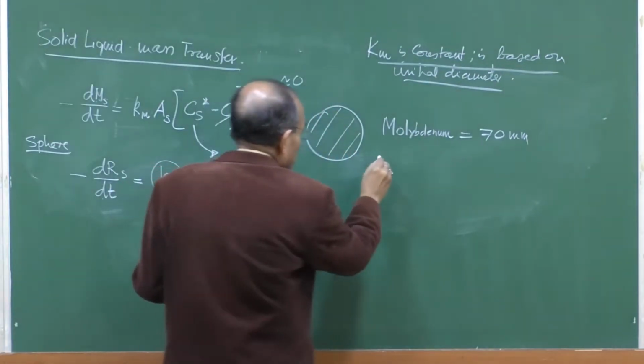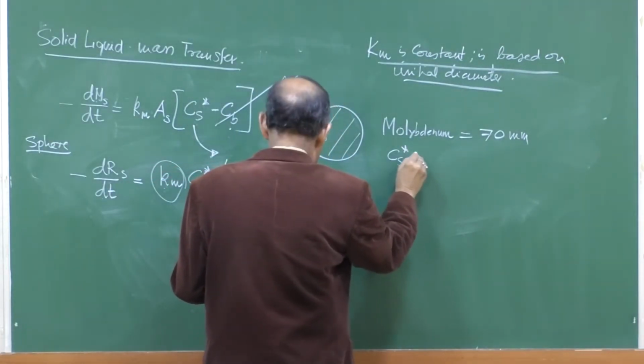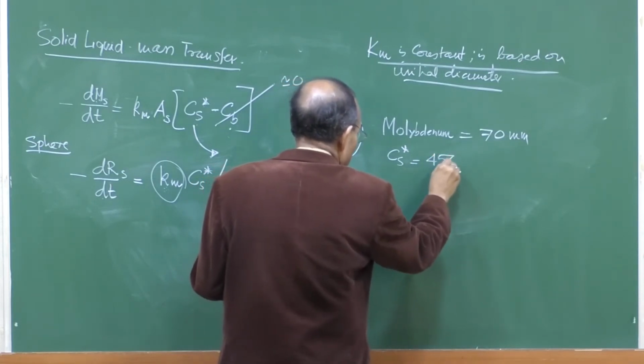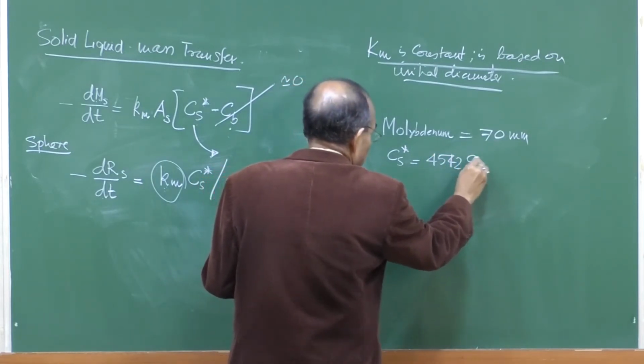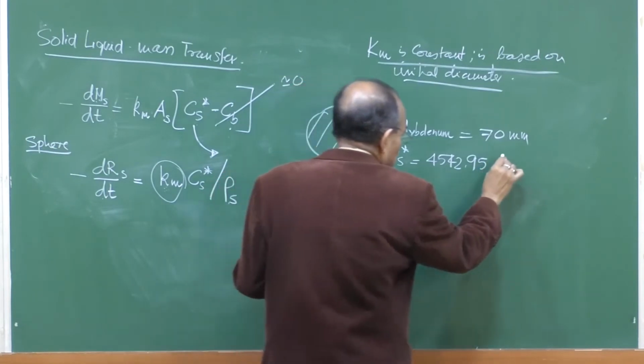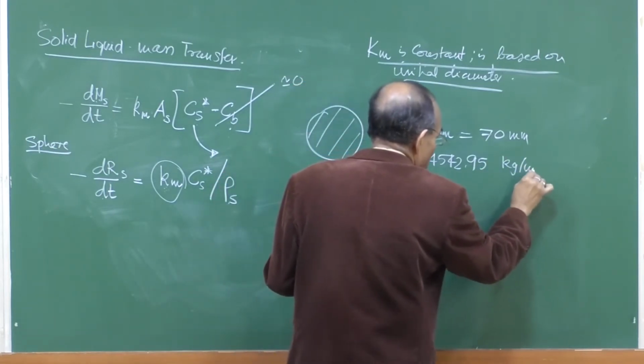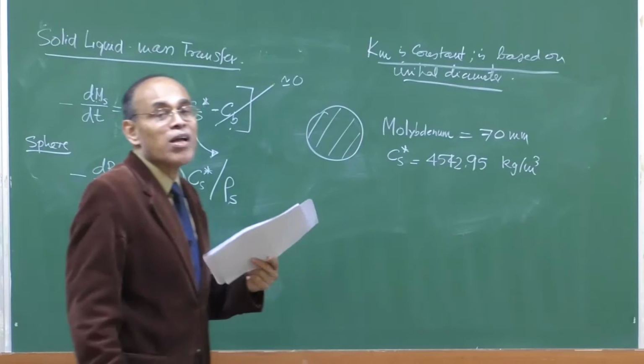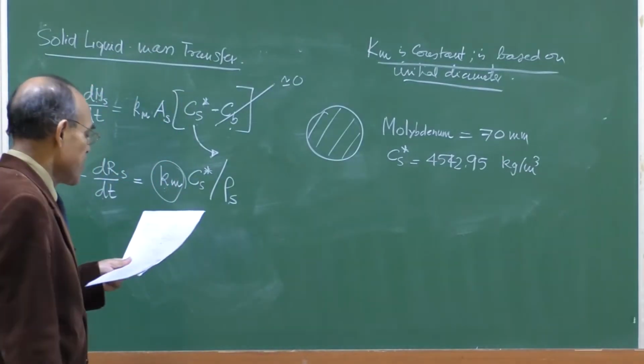The solubility C A star value is given to be 4542.95 kg per meter cube, kg of molybdenum per meter cube of steel at 1600 degree centigrade.